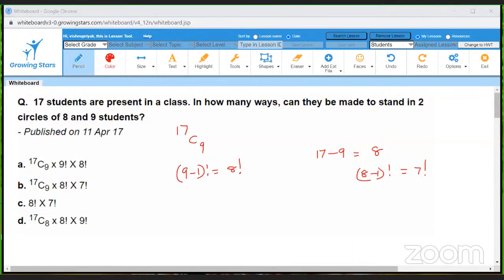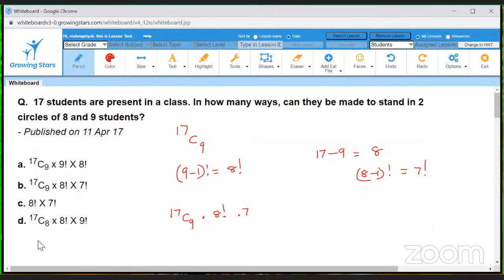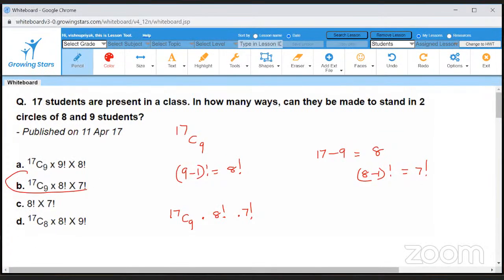So this is the whole story. Then the whole work is done. So first work, from 17 selecting 9. Second work, arranging these 9 students. Then take the remaining 8 students and arrange them in 7 factorial ways. So this is option B.